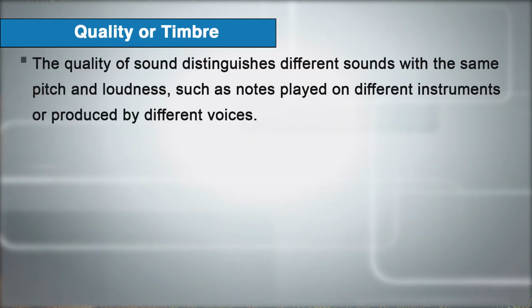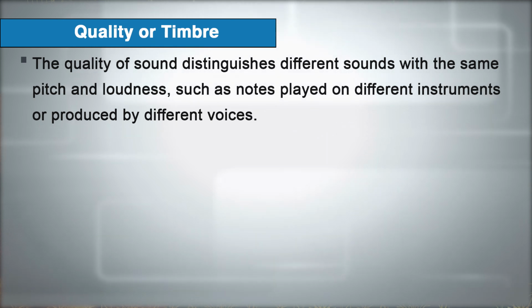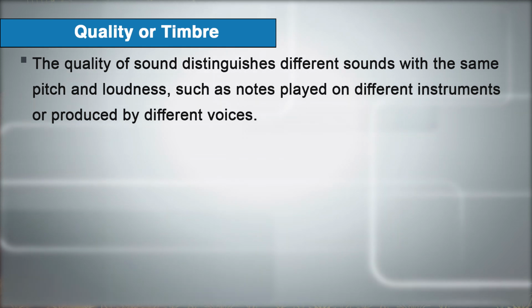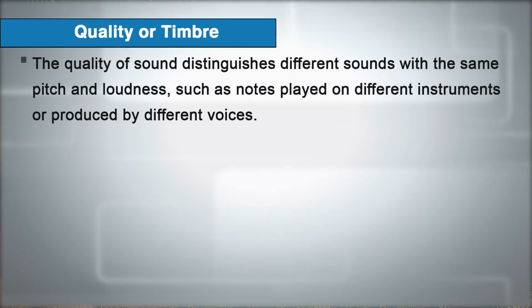Next characteristic is quality or timbre. The quality of sound distinguishes different sounds with the same pitch and loudness, such as notes played on different instruments or produced by different voices. This is because sounds are rarely pure tones. They consist of a fundamental frequency and additional overtones.